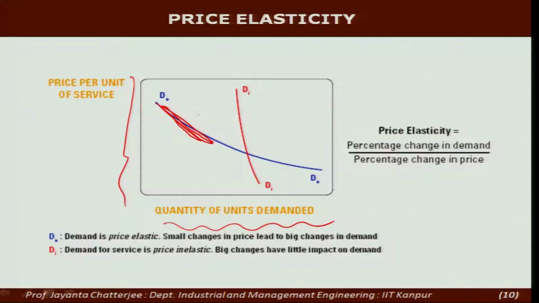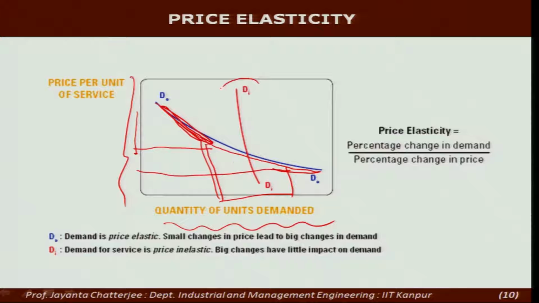This demand is quite elastic. If the price per unit comes down, then your demand will be shifting. So, a small change in price can mean a large change in demand pattern.